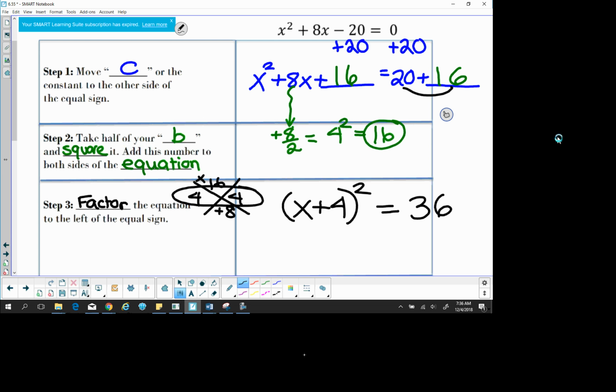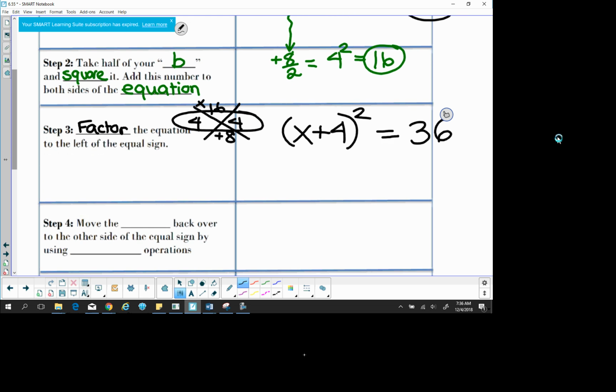Sometimes they're going to have you stop there. There may be milestone and final questions that just say complete the square and they have you stop here. So you would just follow those steps right up to here. The next part that we do is we move our constant back over to the other side by using inverse operation.